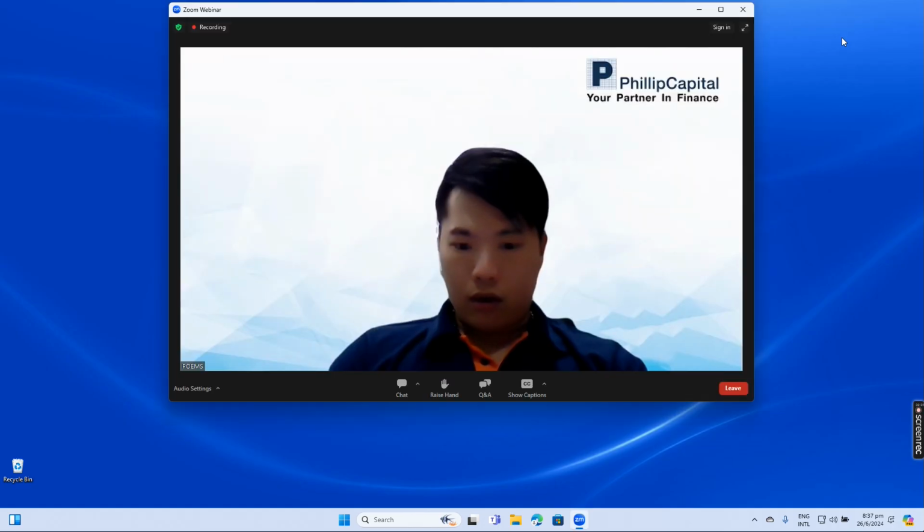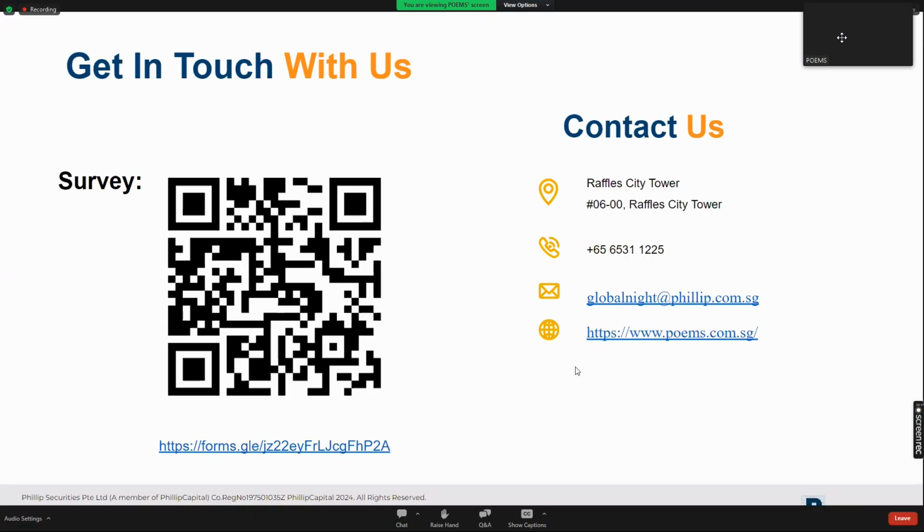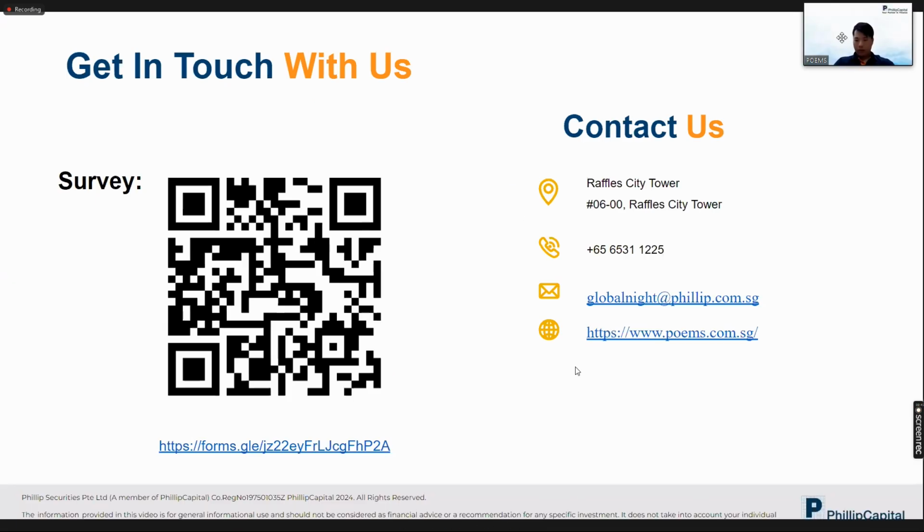For Berkshire A, unfortunately, it's not within the list because the price is way too high. At the moment, it's not possible.